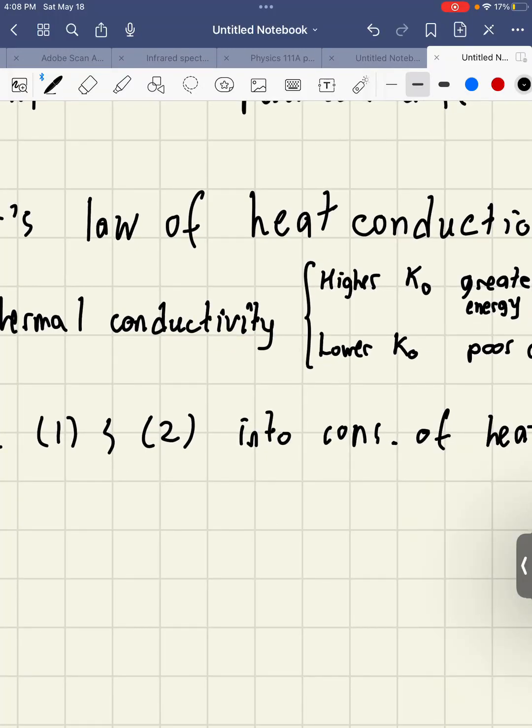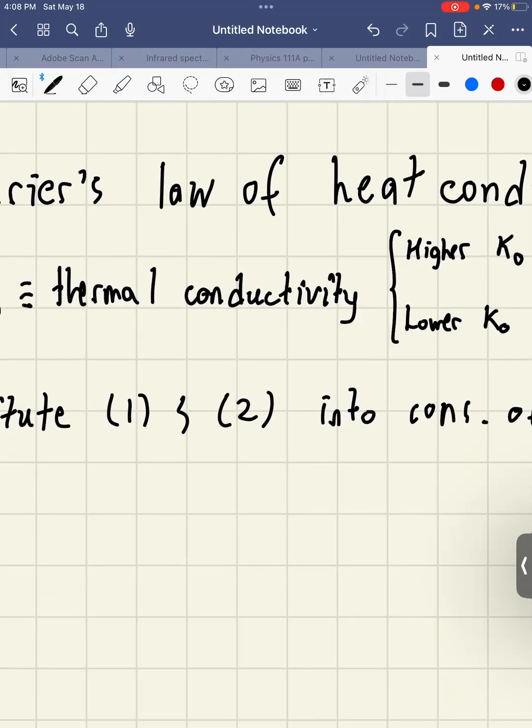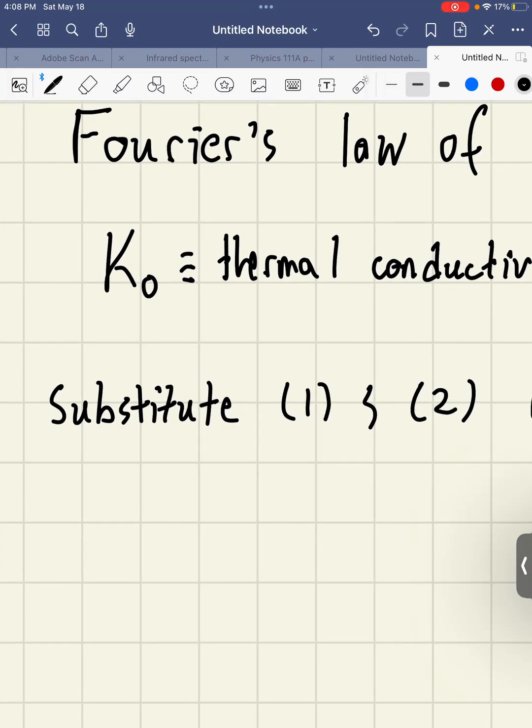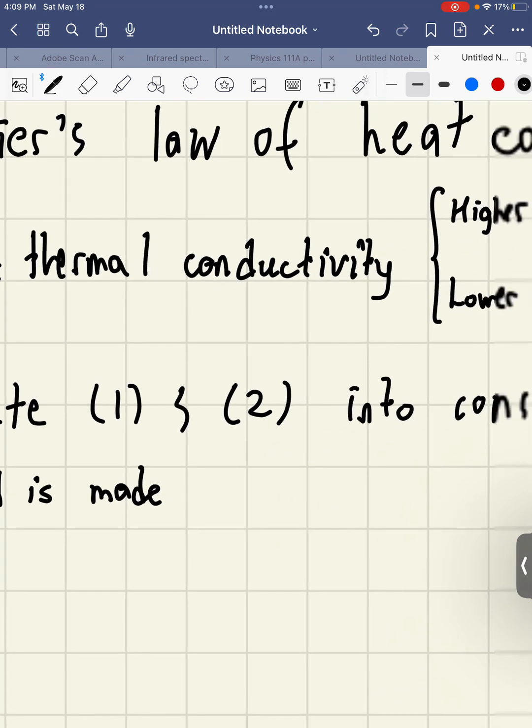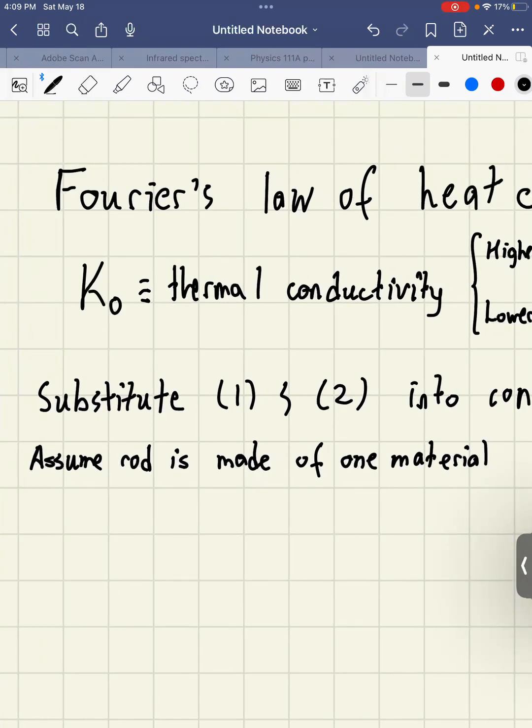Now let's assume the rod is made of one material. Therefore, now I can substitute that.